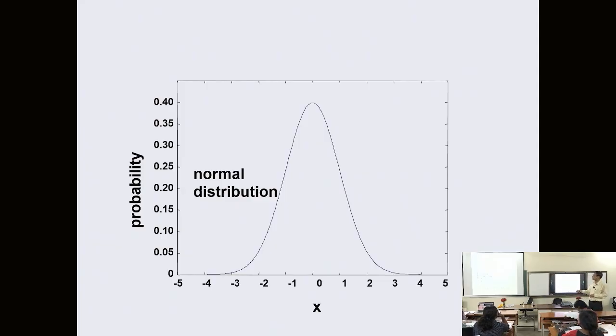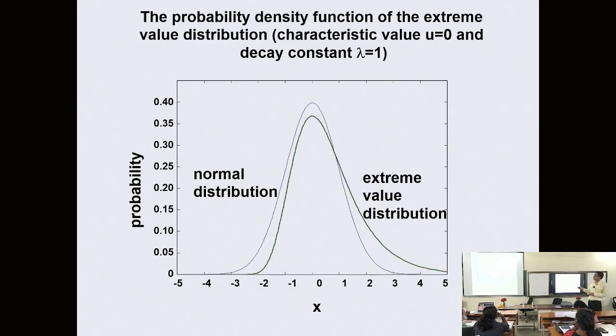Now you know about normal distribution, right? The score from a local alignment follows the extreme value distribution. You can see that with the normal distribution, the tail decays faster, more sharply than with the extreme value distribution.